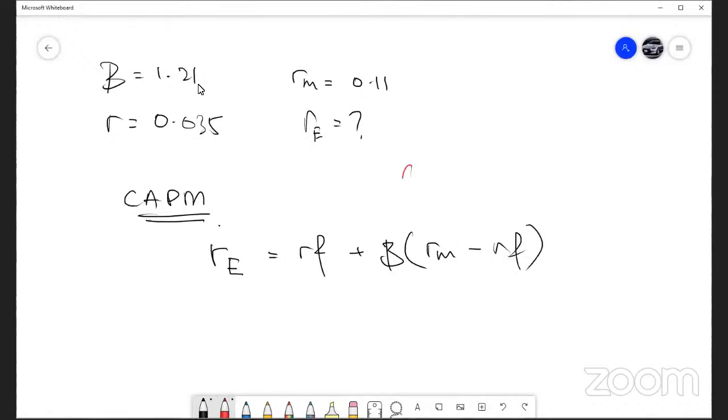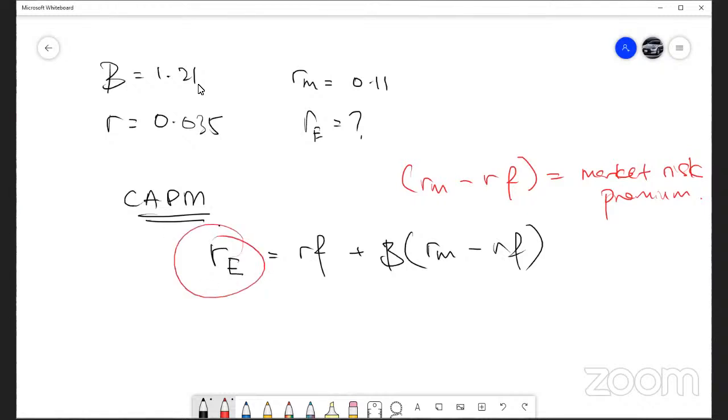So RM, return on market minus risk-free, is sometimes also considered as market risk premium. If this is given, then you don't need to do the calculation. You already know this is market risk premium. This is the formula that you use to calculate your cost of equity.